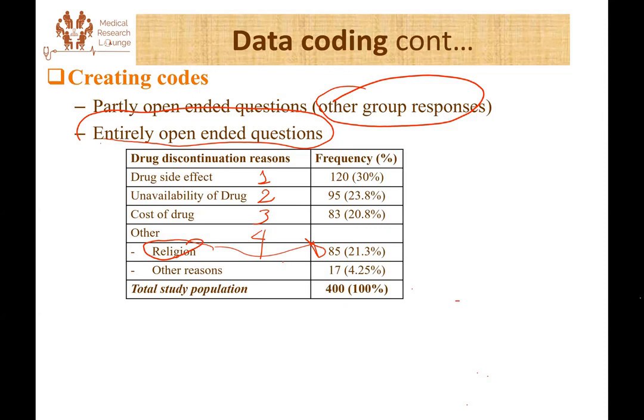Besides the 1, 2, 3, 4 we initially thought of, maybe we can make religion 4 and label the other reasons as other, 5. So coding partly open-ended questions, the other category may not always be as we initially thought, so we have to cross check with it, and we might need to create new groups.